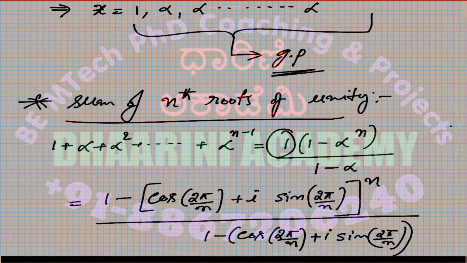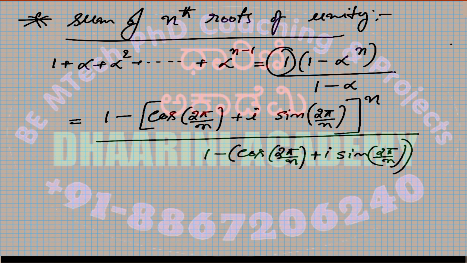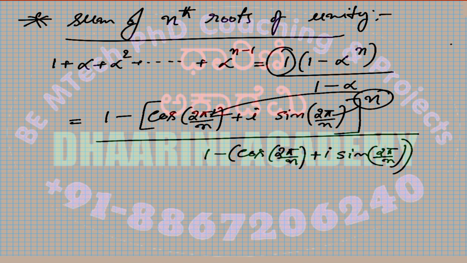Multiplying by 1 is not required. Now let us try to substitute. When you have a power n, this n gets multiplied inside the brackets, because that's what the rule says.